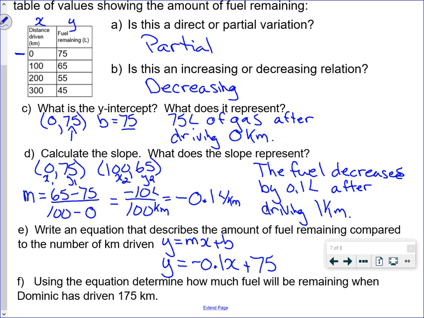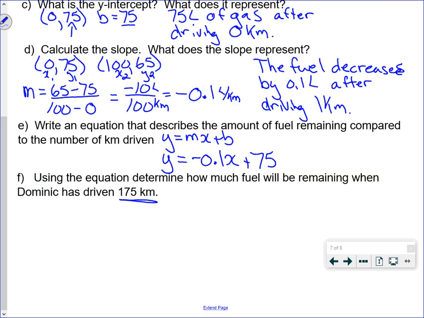So because we know the kilometers that have been driven, we're going to put that into the x position. So we're looking for y. Instead of an x, we're going to put in the 175 kilometers.